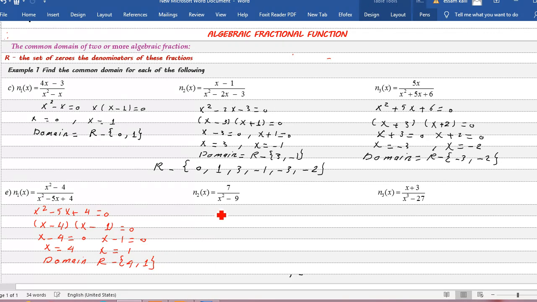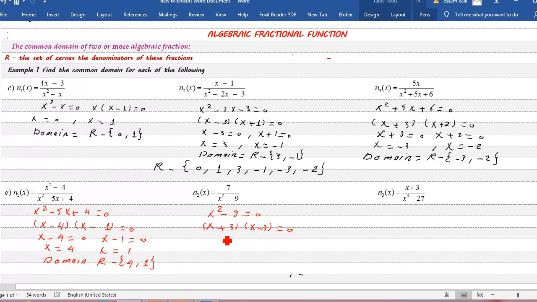N2, put x power 2 minus 9 equal 0 to find the sets of 0 of the denominator. Then x power 2 minus 9 equal 0, open two brackets. This is the expression, the difference between two squares, x and x, 9, 3 and 3, positive and negative equal 0.